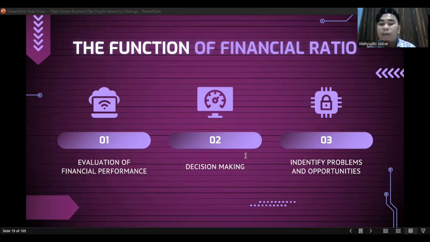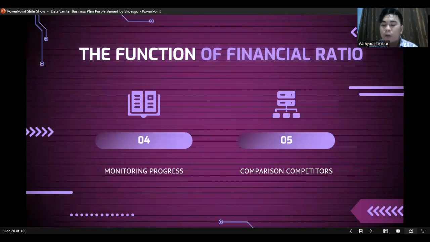The third one, we have identify problems and opportunities. Financial ratios can help identify potential problems in a company's finances, such as poor liquidity and declining profit margins. They can also identify opportunities for improvement, such as increased operational efficiency. The fourth is monitoring progress.